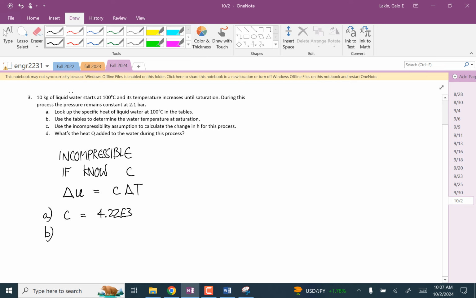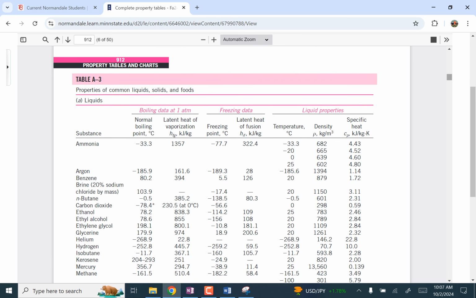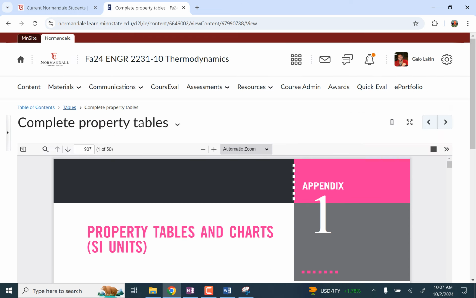Part B, okay, so now we're going to figure out the temperature at saturation. The pressure is 2.1 bar. And so now I'm going to go to, it's just a little more convenient to go to the tables that are just water for this.